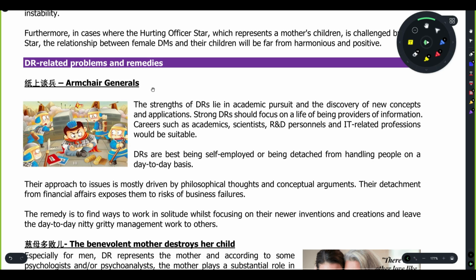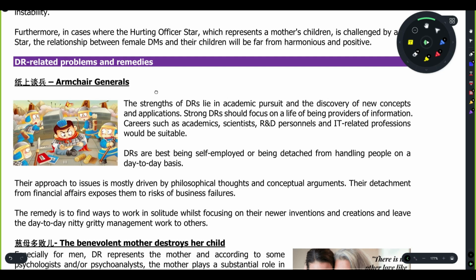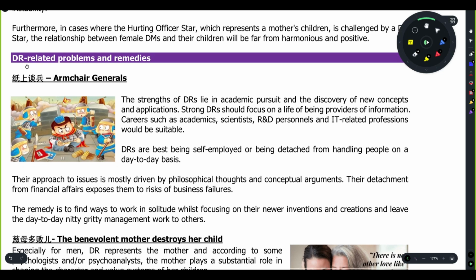It means people who are brilliant in theory, people who can talk brilliantly about business strategies. You can find many of them in universities, professors teaching business strategies, talking about ways companies can be successful. So these are direct resource related problems.